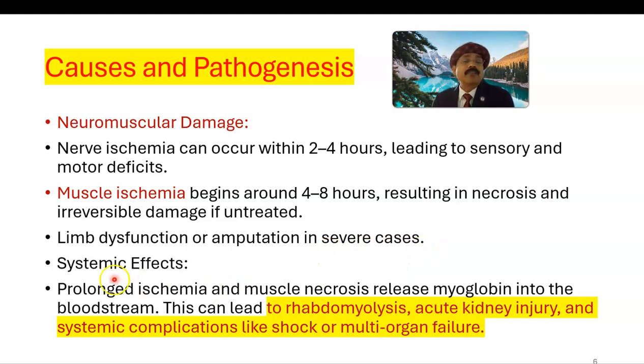In severe cases, there are systemic effects. Prolonged ischemia and muscle necrosis release myoglobin into the bloodstream. This can lead to rhabdomyolysis, where skeletal muscle cells are lysed or disintegrated. Acute tubular injury and systemic complications like shock or multi-organ failure can follow.